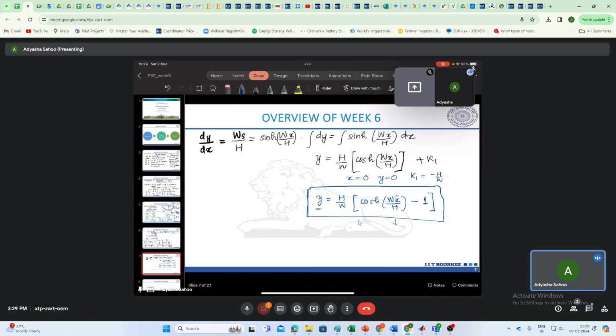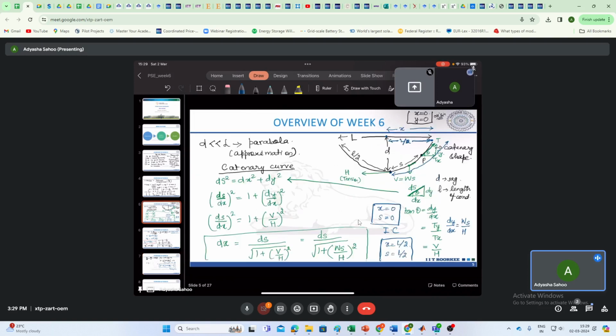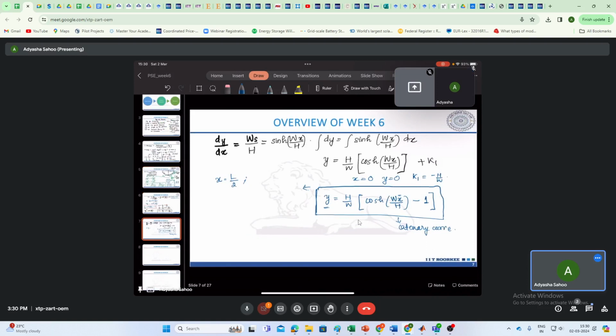That is the equation of this curve of the conductor, which we call the catenary curve. So from here, whenever x is L by 2, we get the maximum sag. Basically here, whenever x is L by 2, your y will be sag D, right?